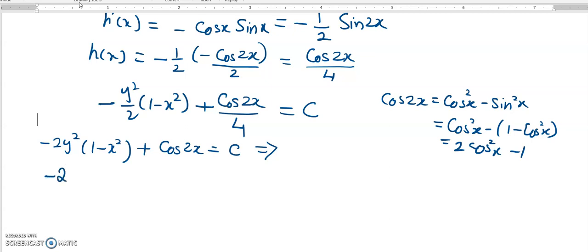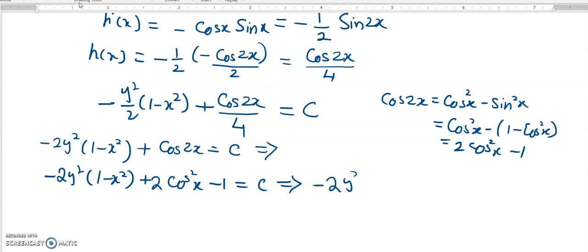So in this way it will be minus 2y square into 1 minus x square plus 2 cosine square x minus 1 is equal to c, and then minus 1 is another constant, so it will be absorbed into this constant.